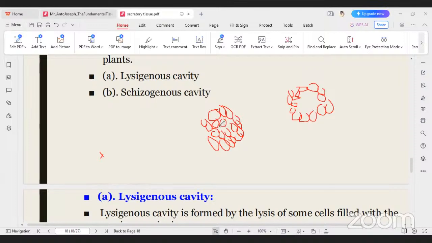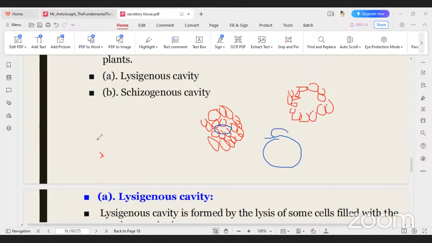In the middle, this is the intercellular space. In schizogenous, this intercellular space gets extended. As a result, the surrounding cells are separated from each other, and this internal space becomes larger and larger. Finally, a large cavity is formed, and the remaining cells remain as they are.